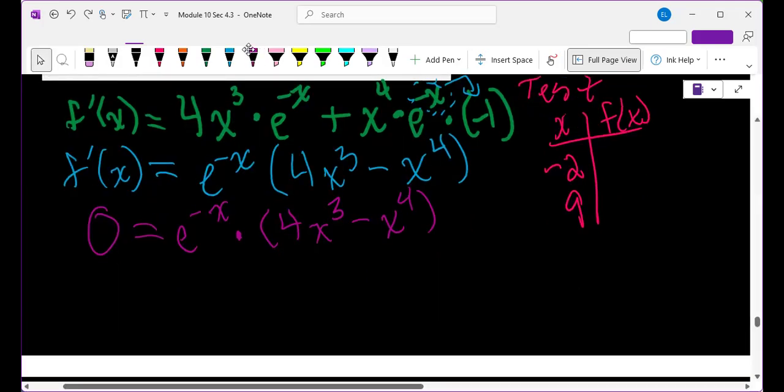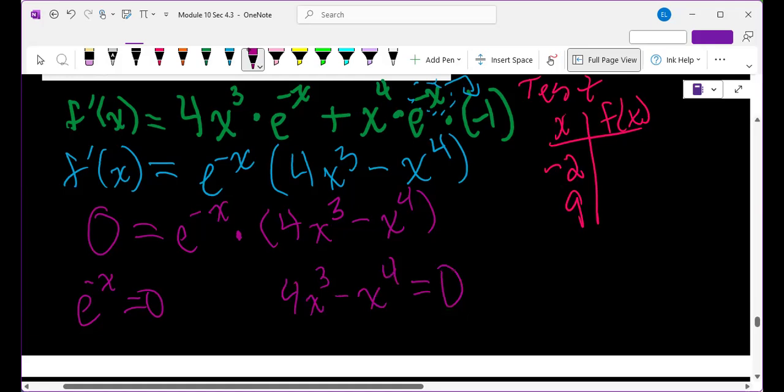So either e to the -x is 0, or 4x cubed minus x to the 4th is 0, or neither are 0 and then there are no critical values. It is possible to get that, and all we do is check the endpoints.